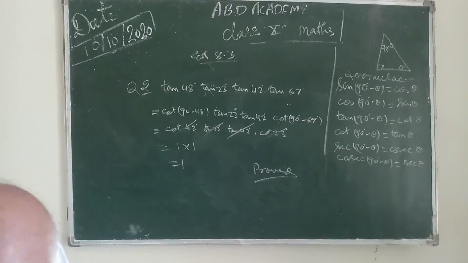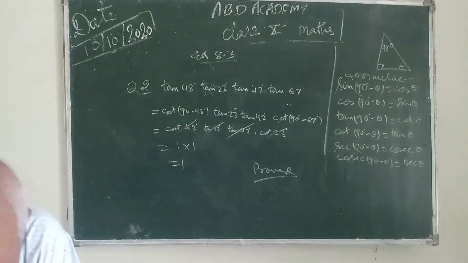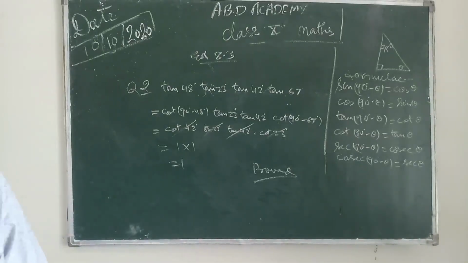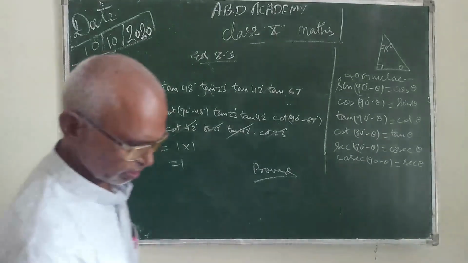Thus cos 38 is sin of 90 minus 38, that is 52, and cos 52 will be sin of 90 minus 52, that is 38. So it comes sin 38 into sin 52 minus sin 38 sin 52, and that will be 0. So only I have told you, you do the second part on your own.